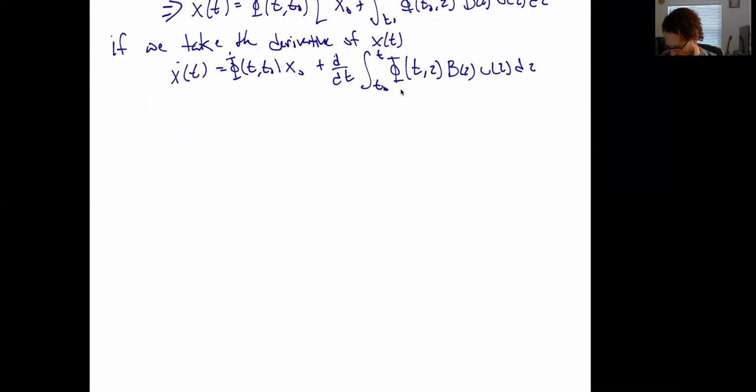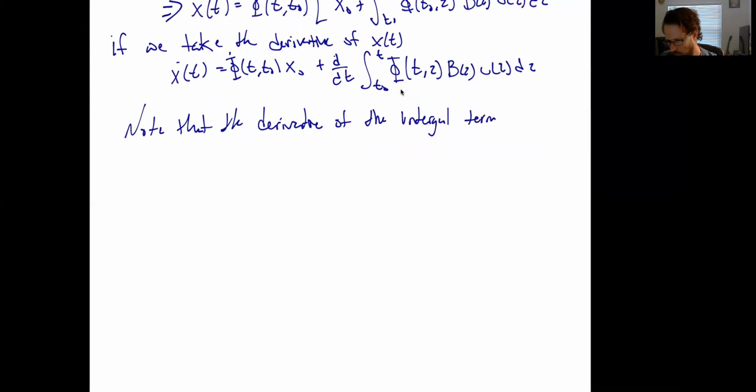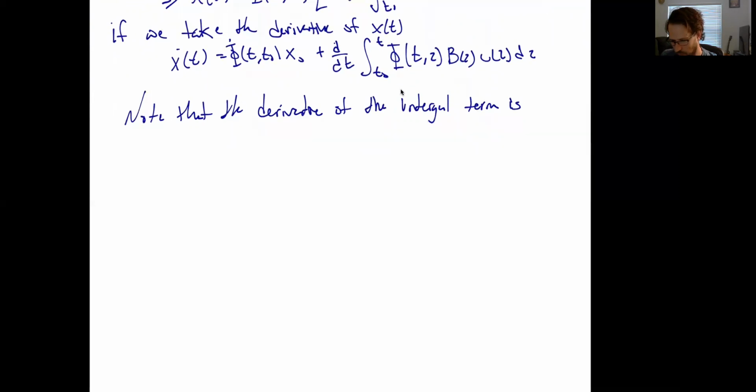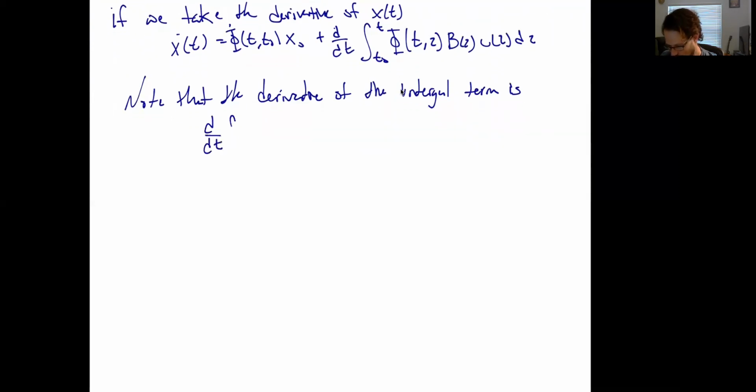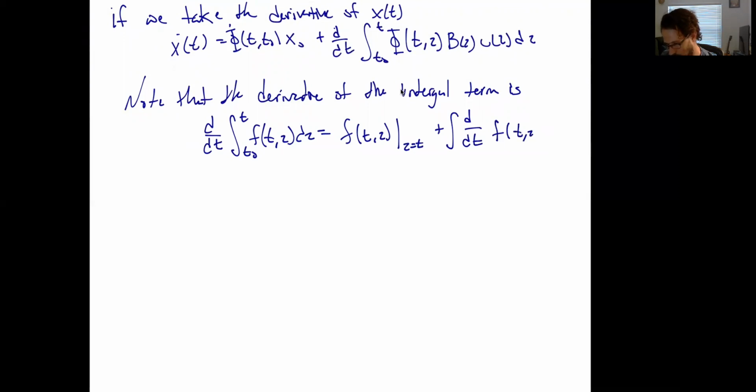We can note that the derivative of the integral term is, in general, for d dt of the integral from t naught to t of f of t, tau d tau, equal to f of t, tau evaluated at tau equal to t, plus the integral of d dt of f of t, tau d tau.